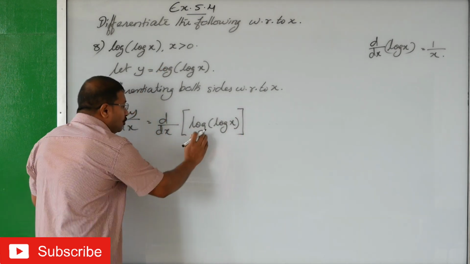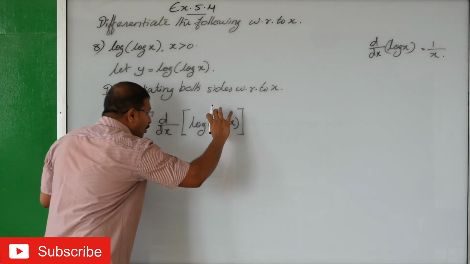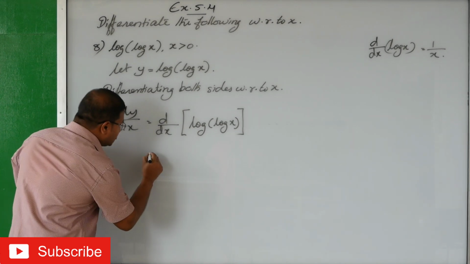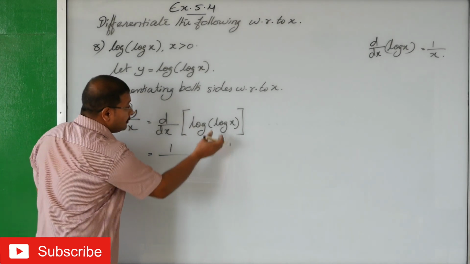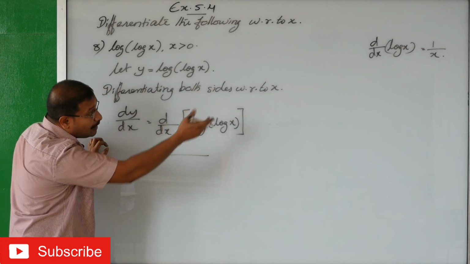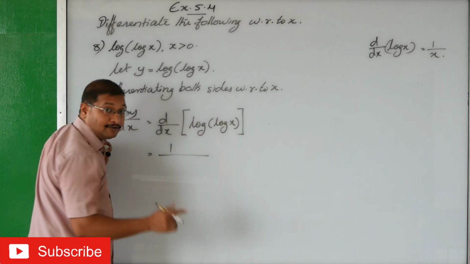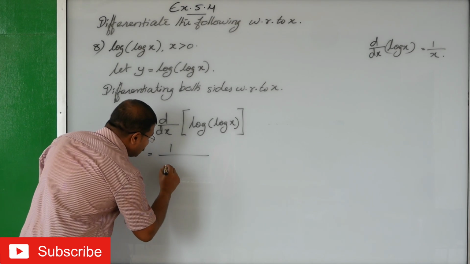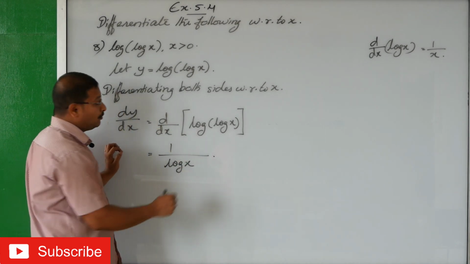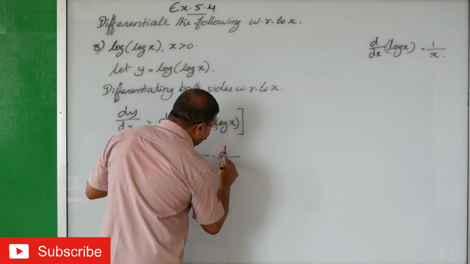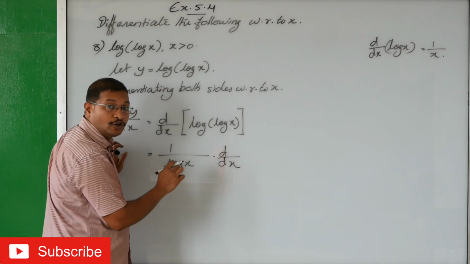That means derivative of log x, in place of x we got log x. Ready? This equals, what you will write, 1 by log x means 1 by x. So in place of x, what is here? Log x. Be careful. That means 1 by log x into, now, one more time, derivative of, this time what you will write? Log x.